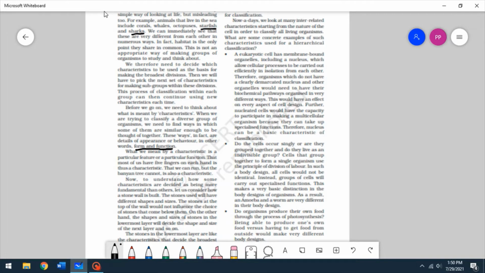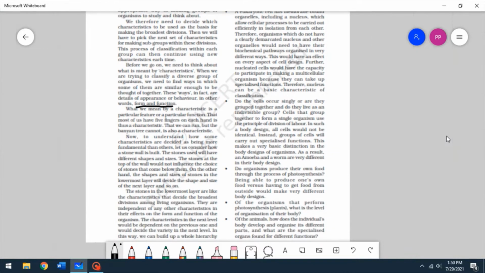They're very carnivorous, but starfish not so much, right? That is how starfish and sharks differ by their characteristics, by their form and function. This is why Aristotle's classification model was considered to be inappropriate.